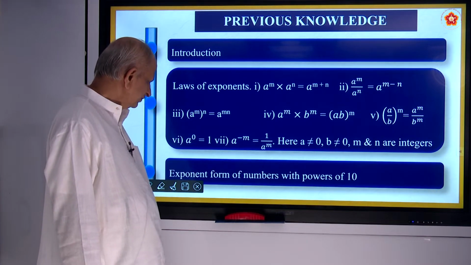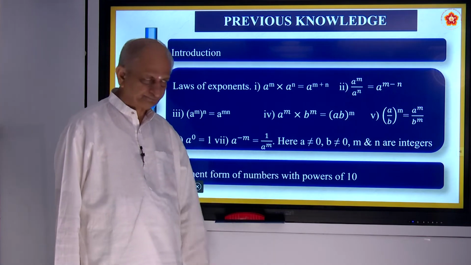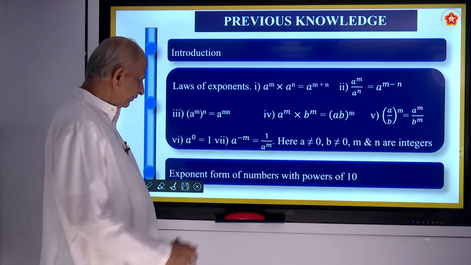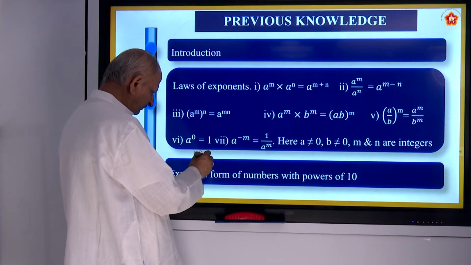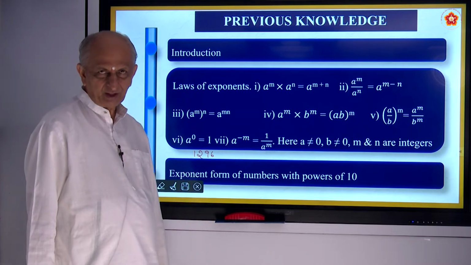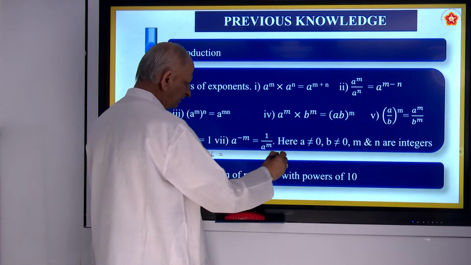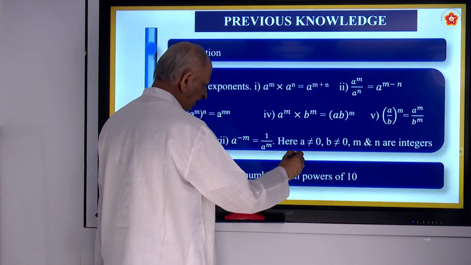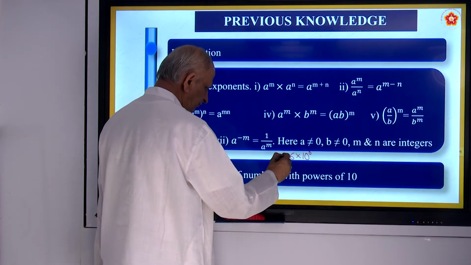And also exponent form of the numbers with the power of 10. Suppose you have a number like 1296. This can be written in the powers of 10. How to tell it? See, 6 is in the unit place. Correct? So 6 you write in the last unit place. What is the 10 to the power of 0?